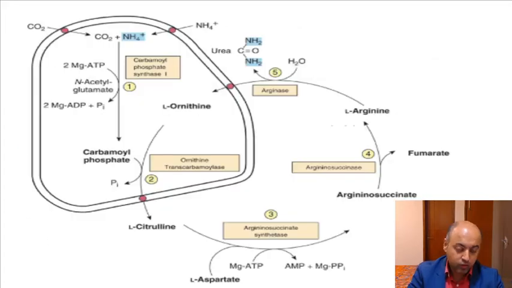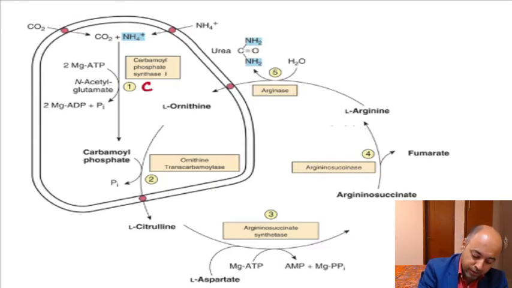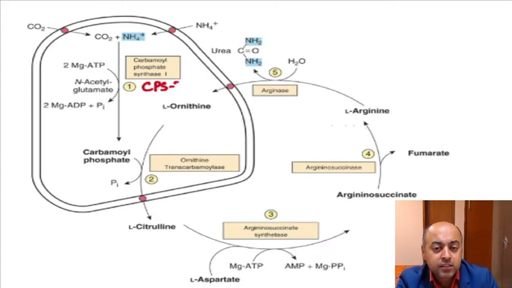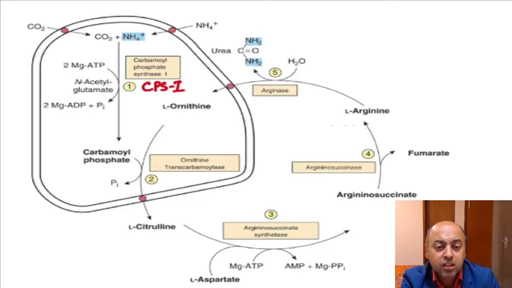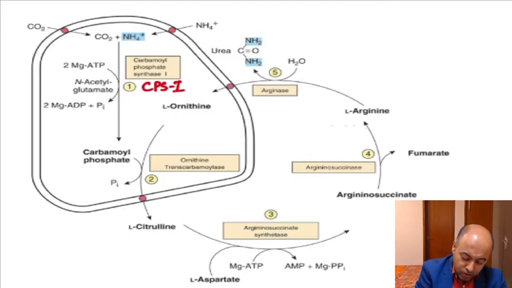So CO2 plus ammonia both enter the mitochondria with the help of transporters, and then they are acted upon by the first enzyme, carbamoyl phosphate synthetase 1, commonly written as CPS1. For this reaction we require N-acetyl glutamate, resulting in formation of carbamoyl phosphate.